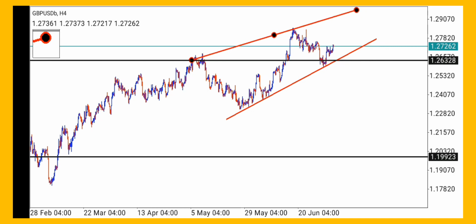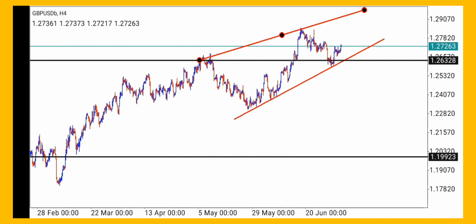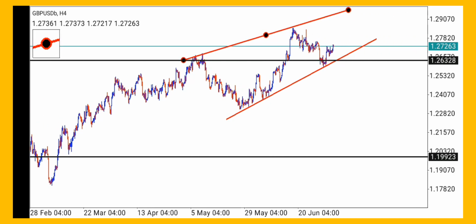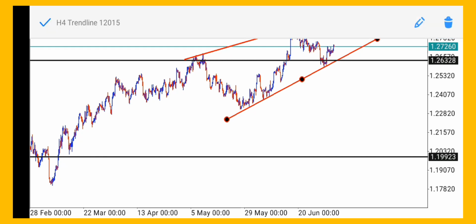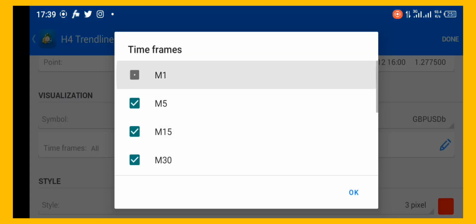So from that I've realized that this is some sort of a rising wedge, but we are still in a bullish momentum. We have not broken out of the rising wedge. So let me lock the trend lines on H4.